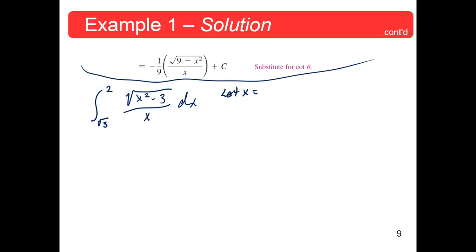You would have used a 3. If it had been a 4, you'd have used a 2. When it was a 1, we used a 1. When it's a 3, we use a, what do we do to 9 to get 3? Take a square root. From 4 to get 2, take a square root. 1 to get 1, take a square root. 3 to get? Square root of 3, you got it.